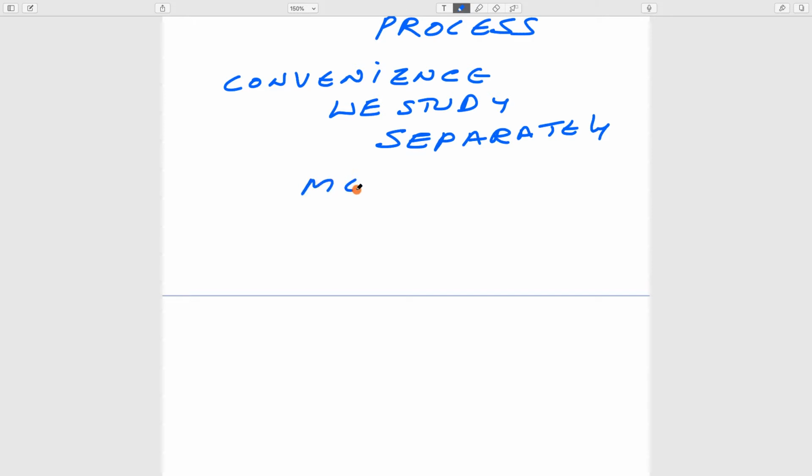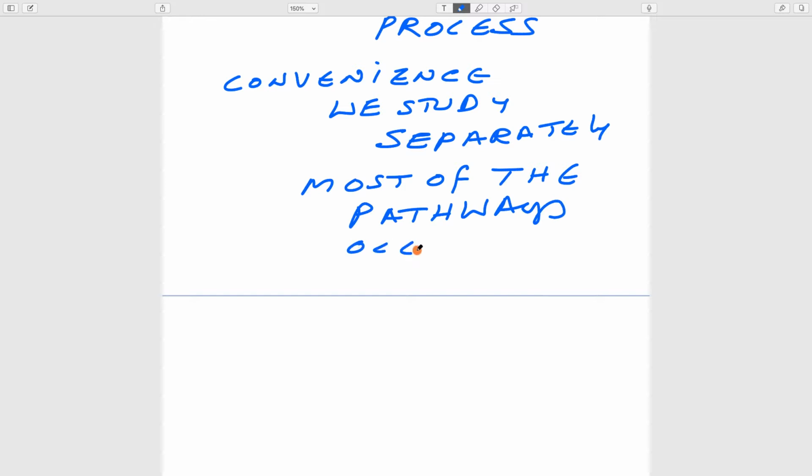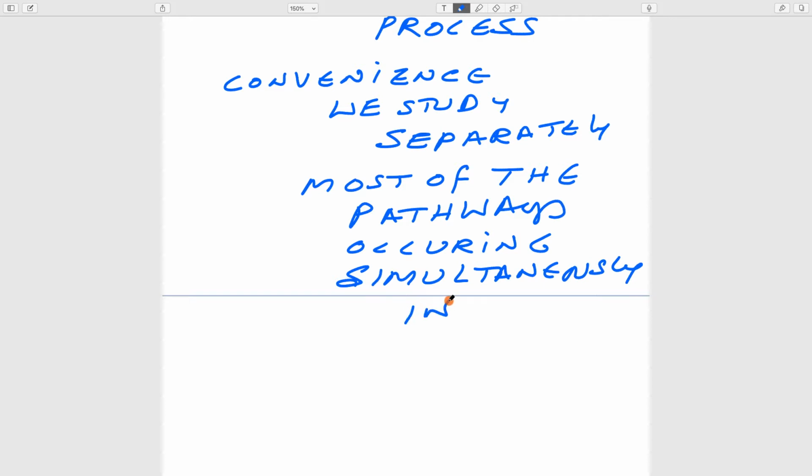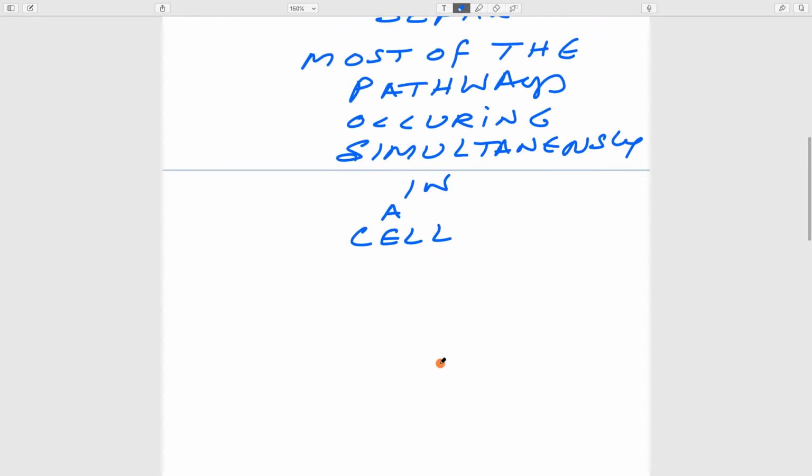Most of the metabolic pathways are occurring simultaneously in a cell. They are not a separate entity. They are not taking place at different times. They are taking place simultaneously.